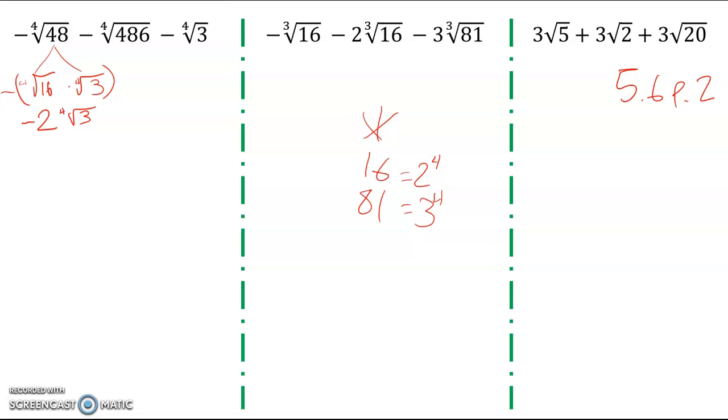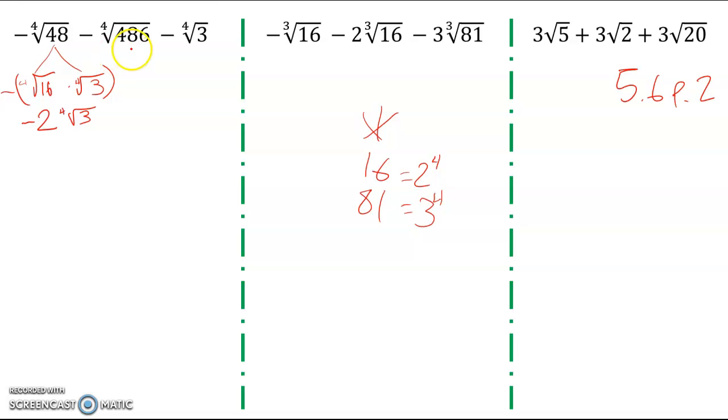When dealing with the fourth root of 486, I'm just going to confirm with my calculator real quick. I've got a calculator off screen here. So if you break down 486, you look for one of these two numbers right here, and it really is just these two numbers, 16 and 81, that divides out 486.